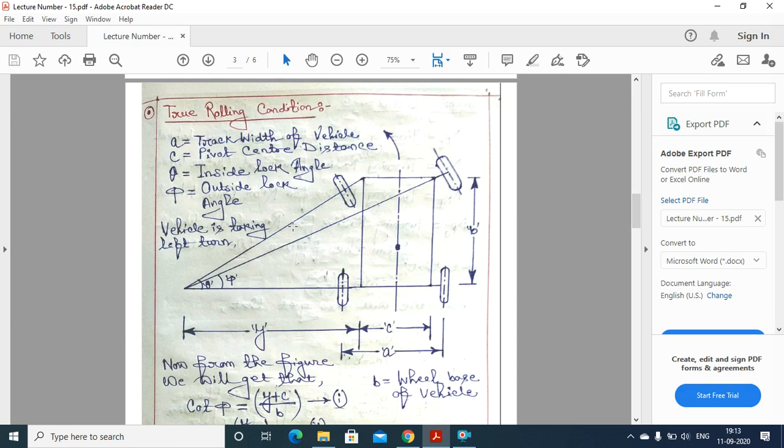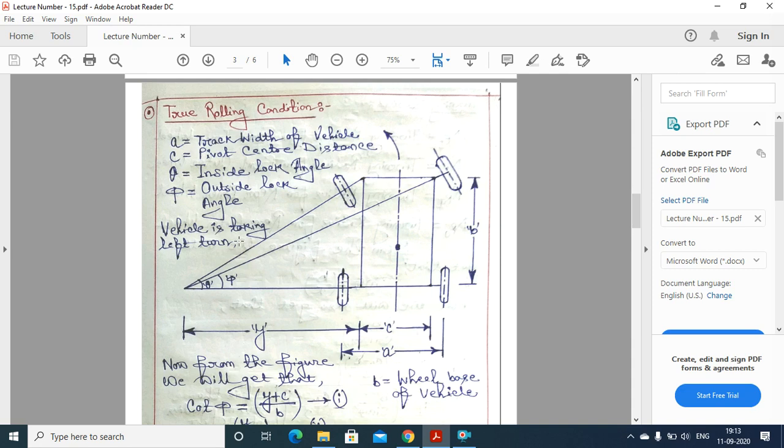Then how to calculate RFI? RFI is the distance from the instantaneous center to the center of this wheel. This distance is known as the turning radius for the front inner wheel.